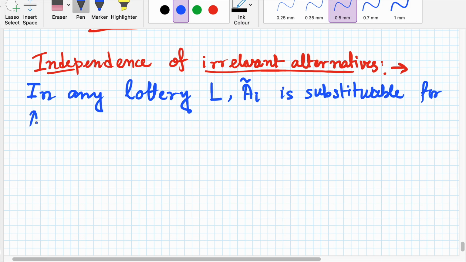Since AI and AI tilde are indifferent, if I include other options with AI, then AI and AI tilde will still remain indifferent.